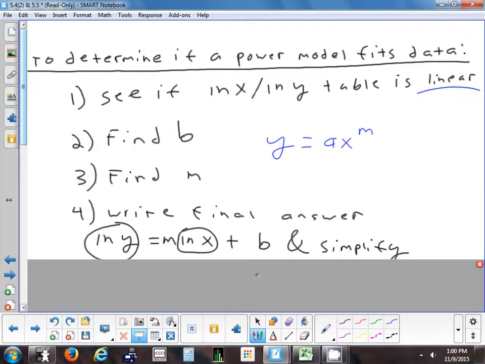So what might be simpler in this case, if you want it to match up with the equation we used earlier, is to instead of calling that a, okay, that's what it really is, take the equation we used earlier and call it y equals bx to the m. It doesn't matter. It's just our variable.